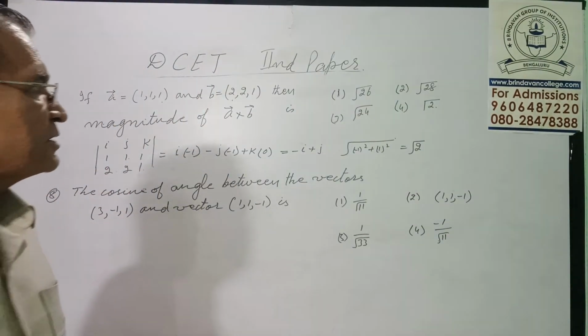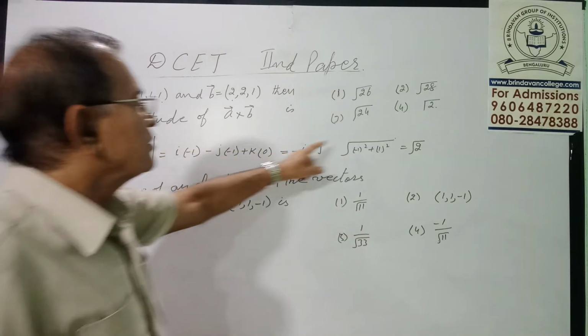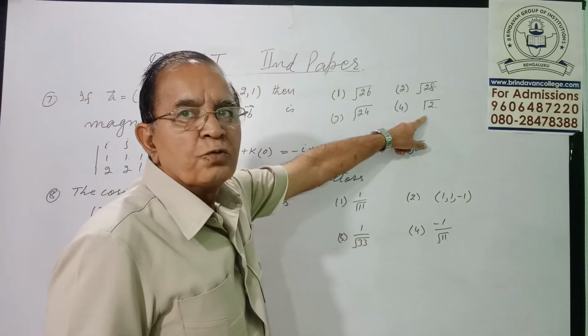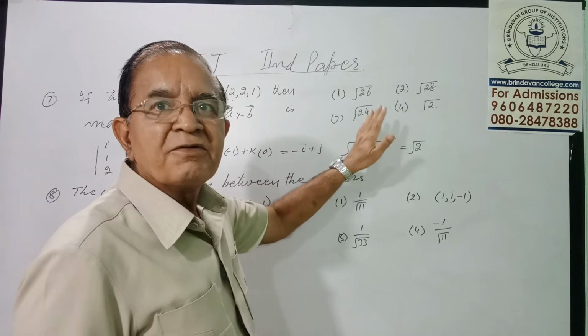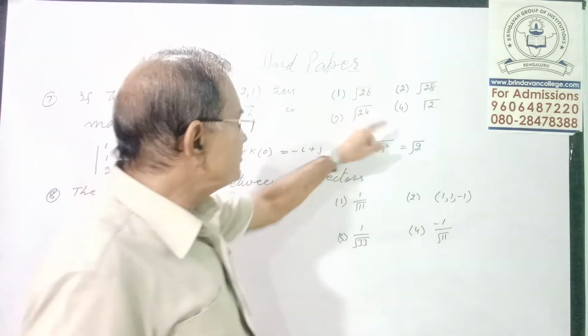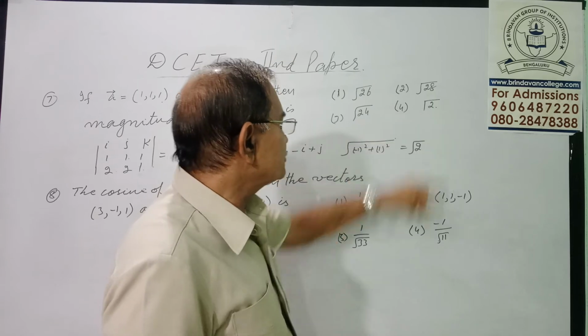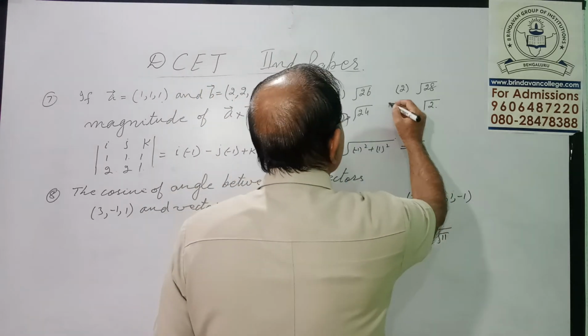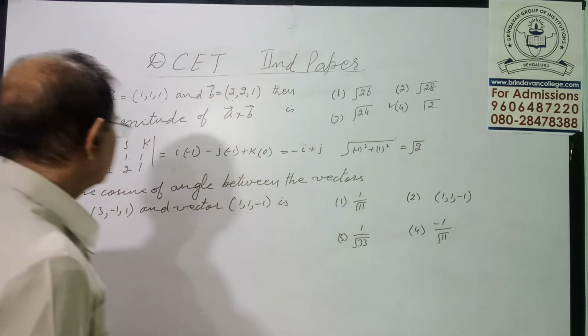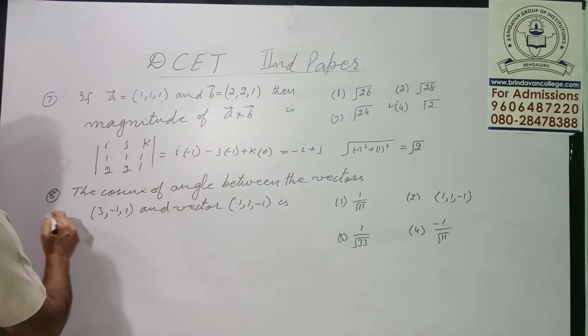Now in this question, better you put number 4 as root 2 because none is not given. So I am changing the statement here. Fourth answer is root 2. So thus we are supposed to tick fourth. Then come to the 8th.